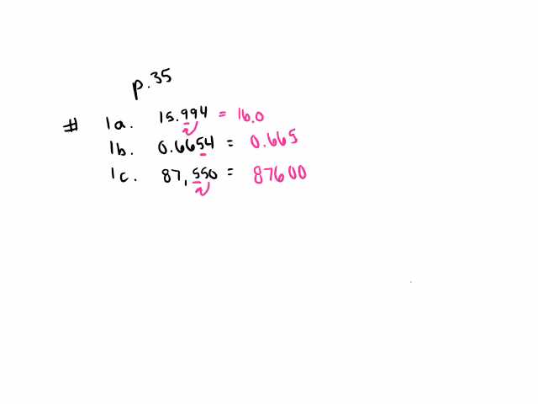So please be aware that scientific notation is your friend. 87,550. Okay, 1, 2, 3, 4, 8.755 times 10 to the 4th. It very obviously rounds to 8.76 times 10 to the 4th, which is the exact same as this value.